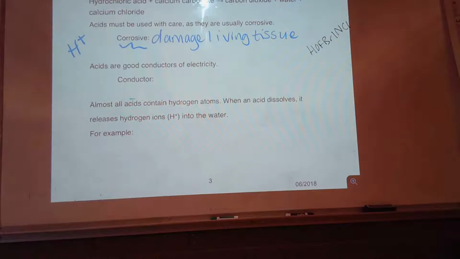For example, if we're fixing a car and we get some of the battery acid on ourselves, the protons will actually start destroying the proteins in our skin. That's why it'll start burning and being really uncomfortable. Like eating away at your skin? Yep, it will start eating away at your skin.